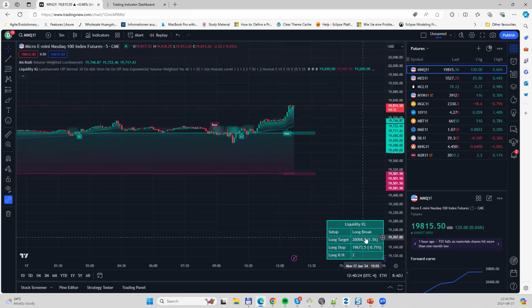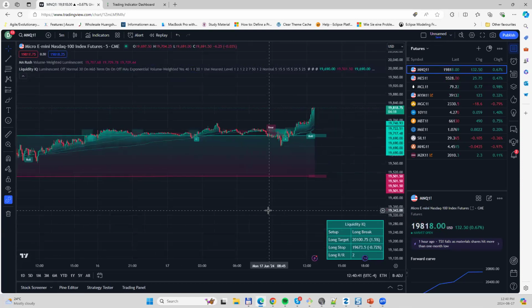So we are here, the indicator identifies as a long break setup. So resistance was broken to the upside. We had one retracement and price nicely followed through to the upside. And I definitely do see, at least on a short-term basis, a bit of an upside momentum on NQ.